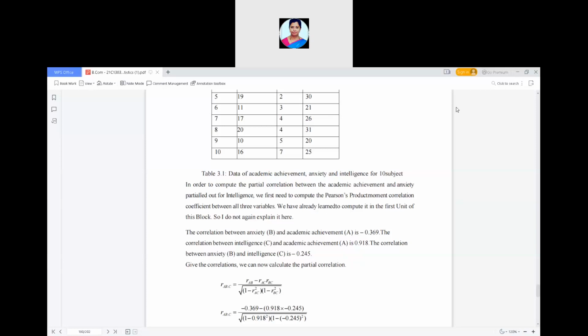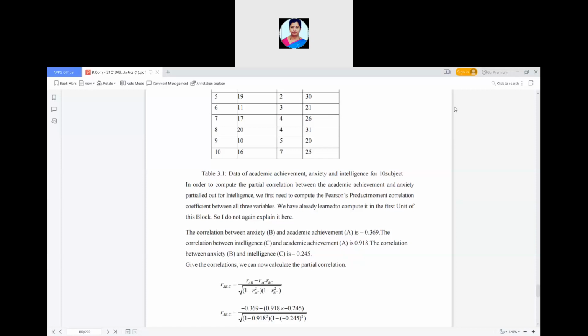According to that, the correlation between anxiety and academic achievement is minus 0.369. The correlation between intelligence and achievement is 0.918, and the correlation between anxiety and intelligence is minus 0.245.